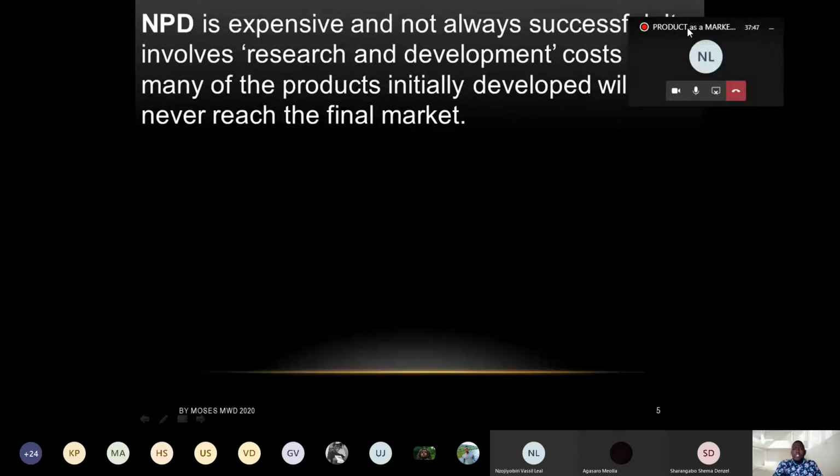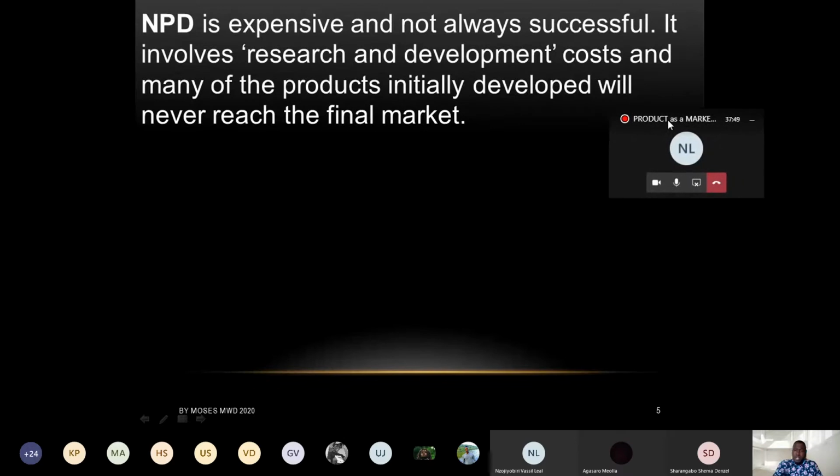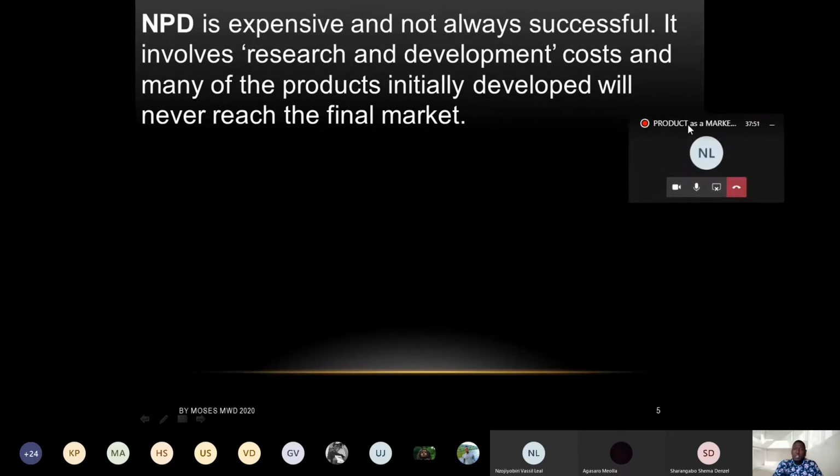So NPD, to introduce a product, this is however part to analyze NPD. To introduce a new product is not cheap, it is very expensive. And sometimes you can introduce it and it doesn't work out. You know, like we talked about the pie chart of Apple products. Apple introduced iPads, but iPads, they didn't work out well.